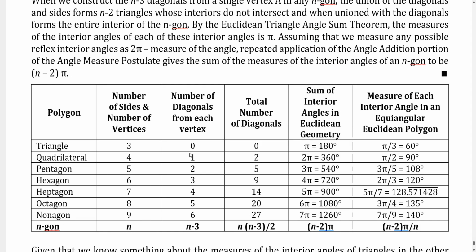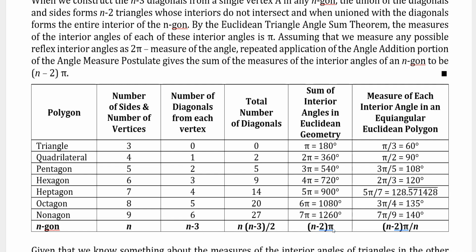So the number of sides and the number of diagonals from each vertex goes up by 1. The number of sides and the number of vertices is n for an n-gon. The number of diagonals from each vertex is n minus 3. The total number of diagonals is then n times n minus 3, but then you have to divide by 2 so that you don't count them twice. And if you have n minus 3 diagonals, you actually have n minus 2 triangles formed from the diagonals at one vertex.